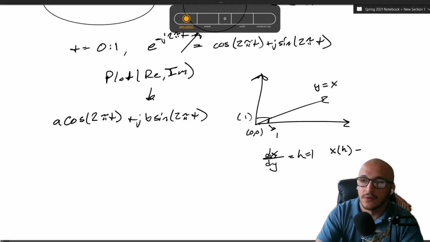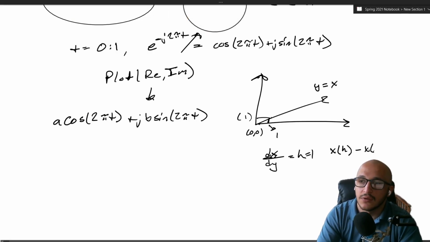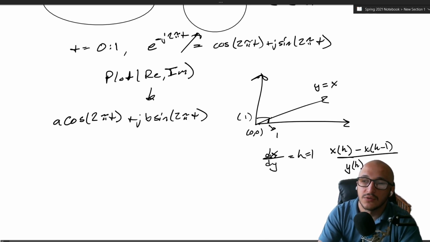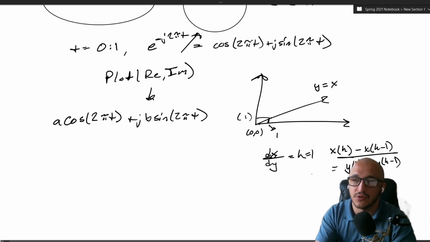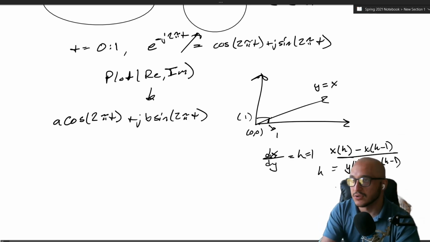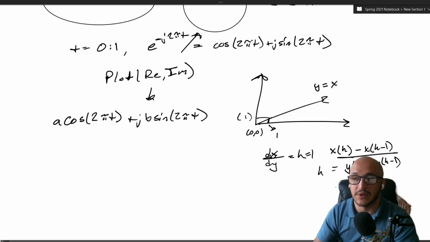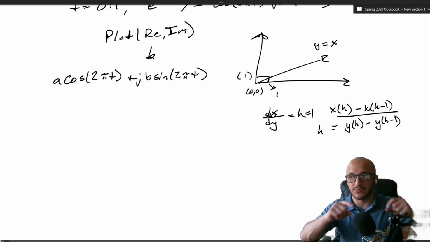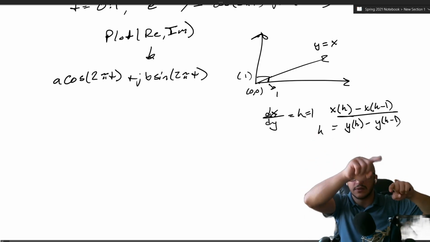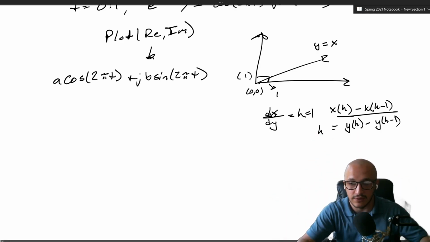Geez, one note is difficult. So x of h minus x of h minus 1 over y of h minus y of h minus 1. Typically, this bottom should also equal h, but in some cases it may not be, where y is exponentially increasing or logarithmically increasing and x is logarithmically increasing.